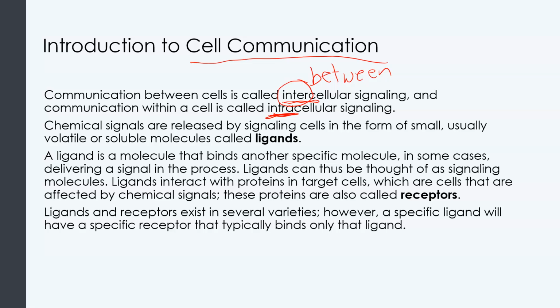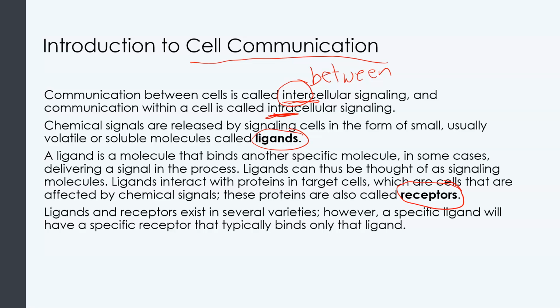Chemical signals are released by signaling cells, and usually they are called ligands. So the chemical signal is called a ligand, and then the ligand will bind to a specific receptor on the target cell, and some type of response will occur.